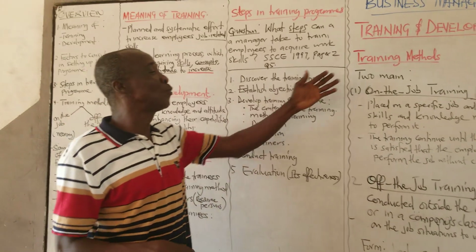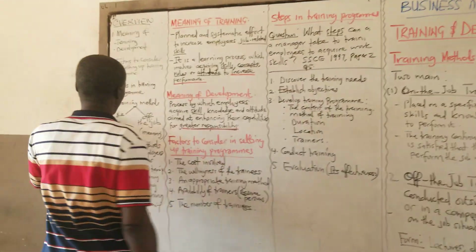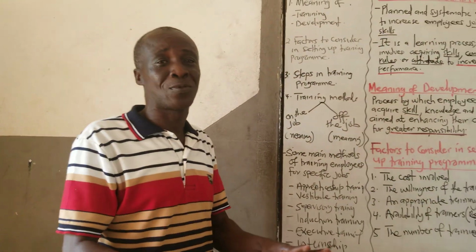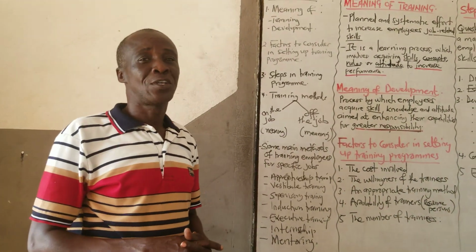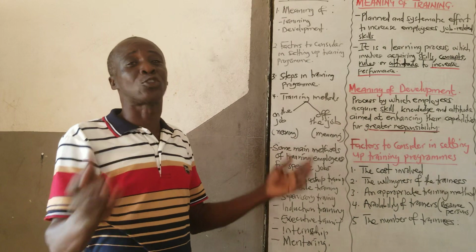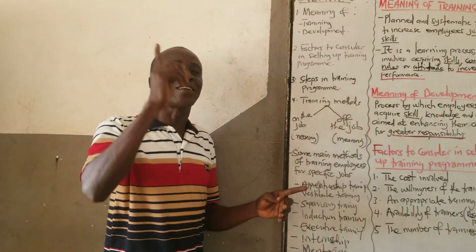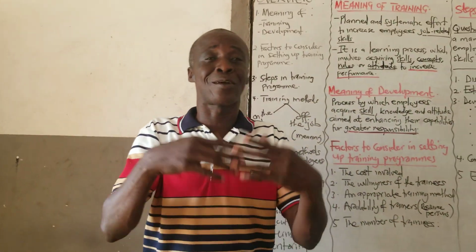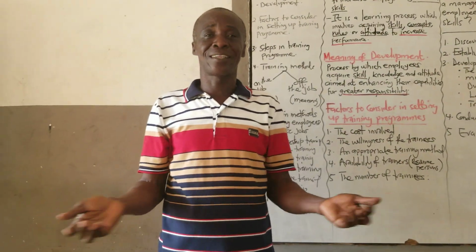Now let's move to training methods. As I indicated here, we have two main methods. That is on the job or off the job. So the name tells you what it is. For training, you are going to acquire skills. That's a major thing.